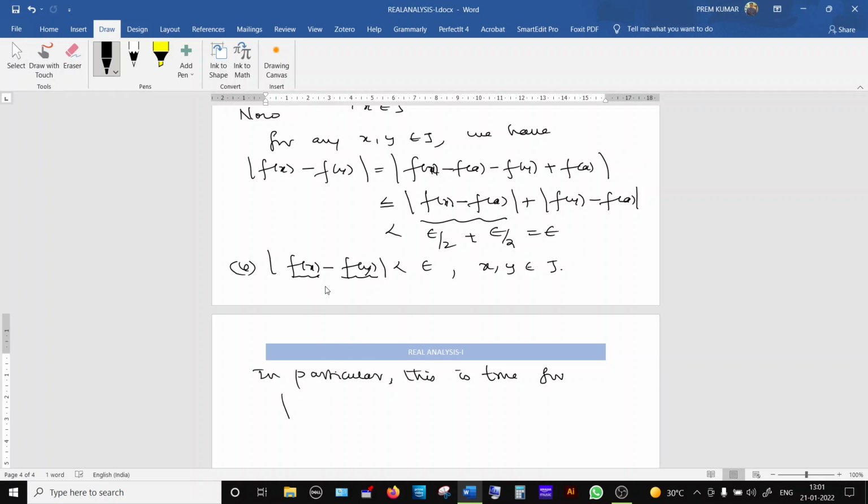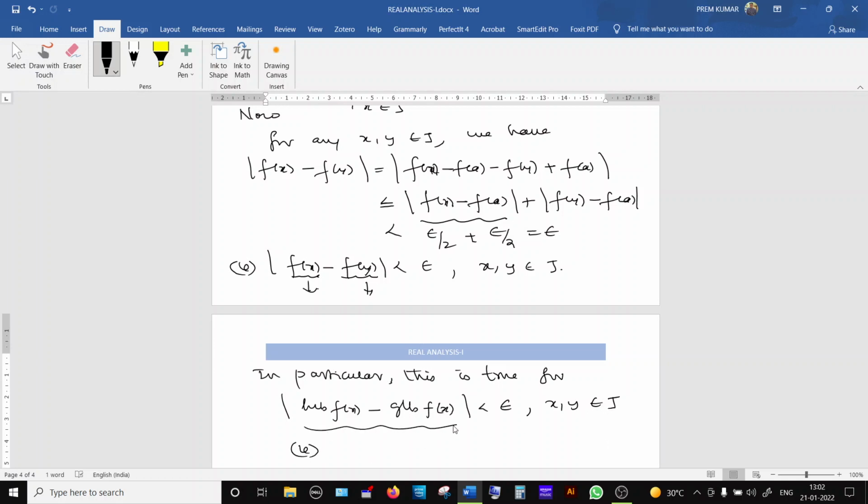This is true even for LUB and GLB, any 2 elements. So this is true for LUB of f of x minus GLB of f of x. This also will be less than epsilon whenever x and y belong to J.